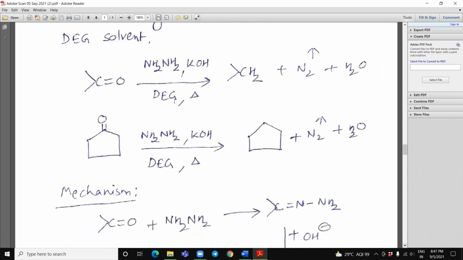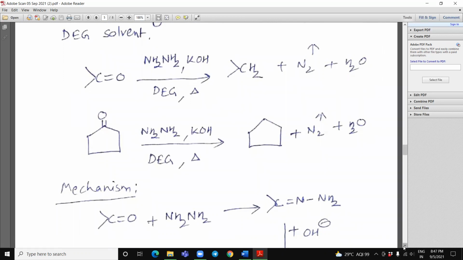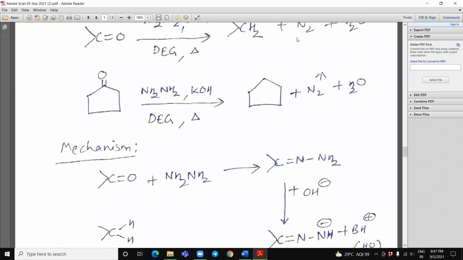Ketone, with hydrazine in presence of a strong base, will give hydrocarbon, and it will evolve nitrogen and water. Mechanism.